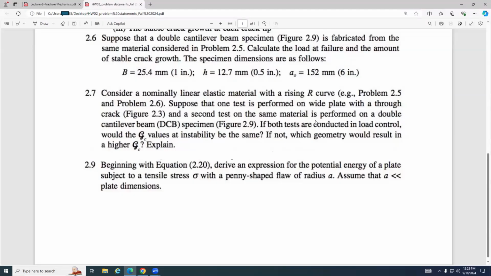Okay. For this gamma s, for the penny-shaped equation, gamma s is related to sigma f. Based on here, you can see gamma s equals a function of sigma f and a. Then you just let this gamma s multiplied by 2 equal dWs, and I will leave this one to you.